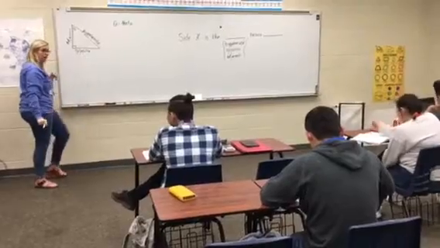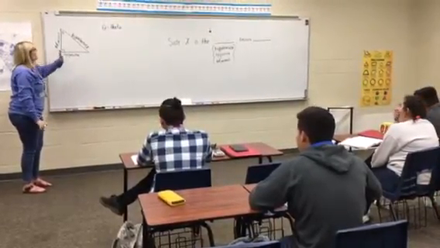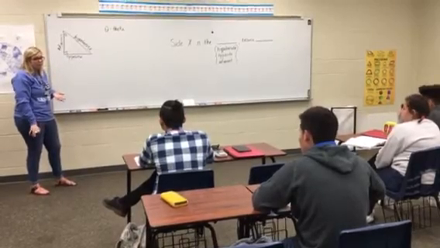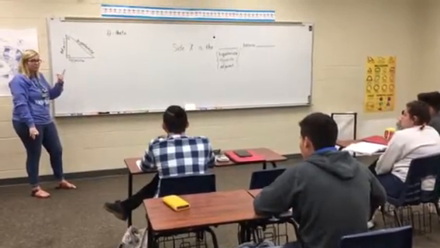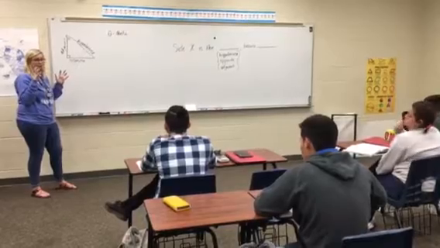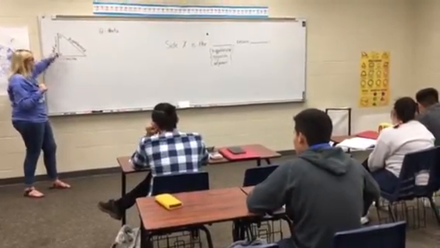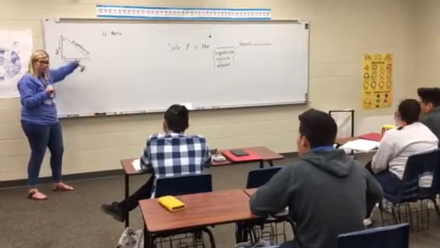So here is your hypotenuse. You have to know this to be able to do trigonometry. That's the first step in setting up any trig function: saying opposite, adjacent, hypotenuse.